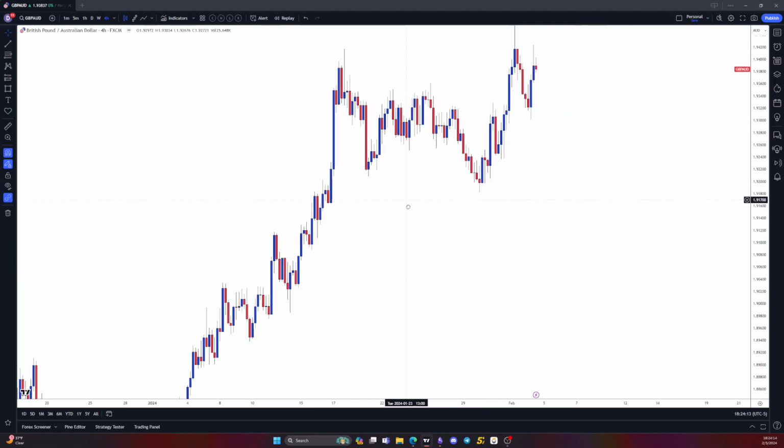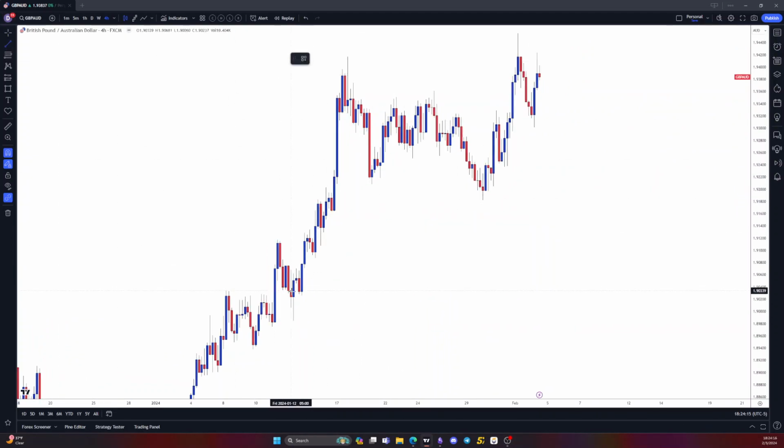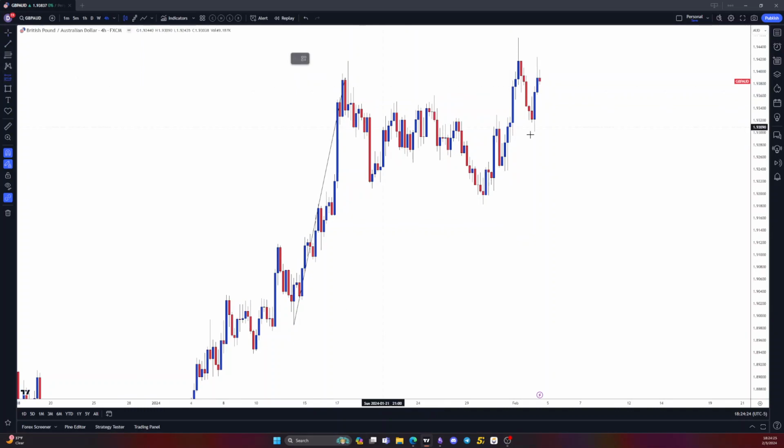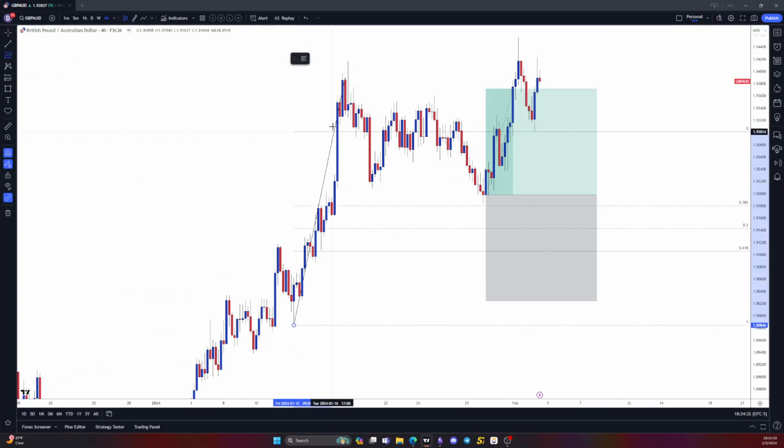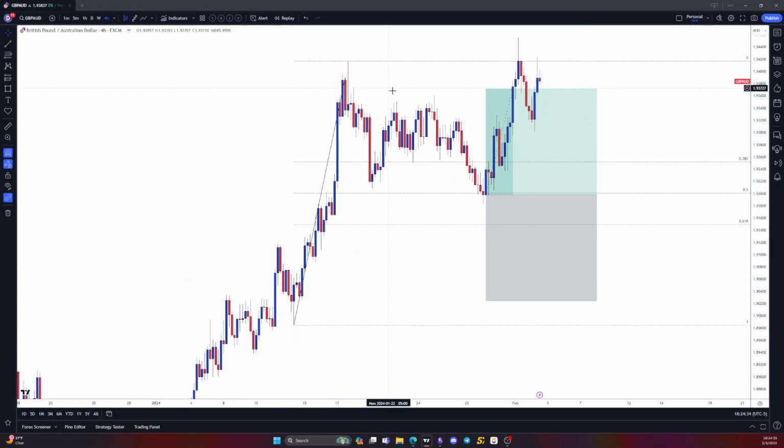Now coming back to this three-legged formation, based off of everything that I taught you, we take our entry either based off the doji or based off the morning star here. We're going to take it based off the doji, set our stop loss beneath the Fibonacci level, and set our target at the 0 Fibonacci extension.